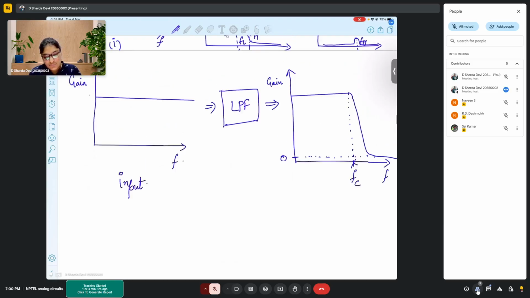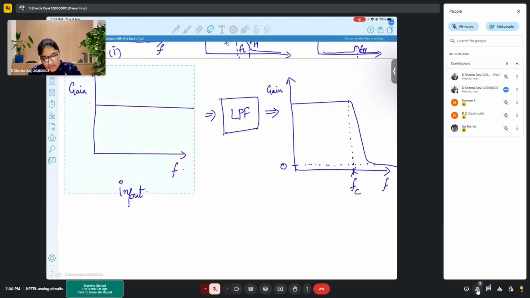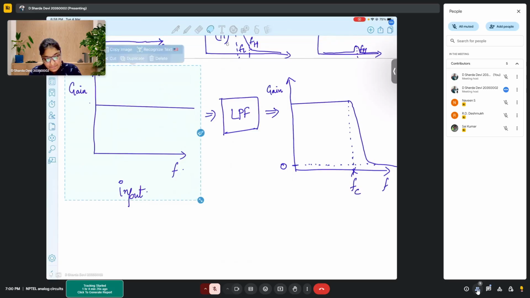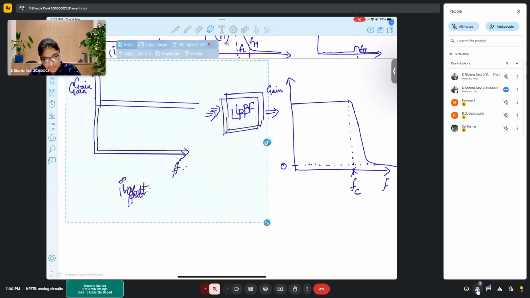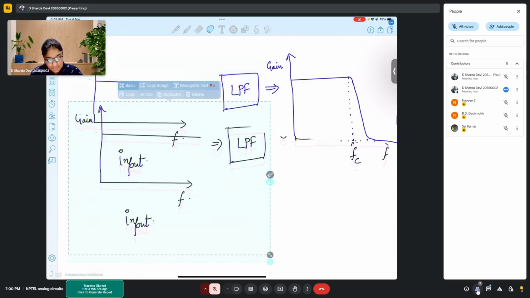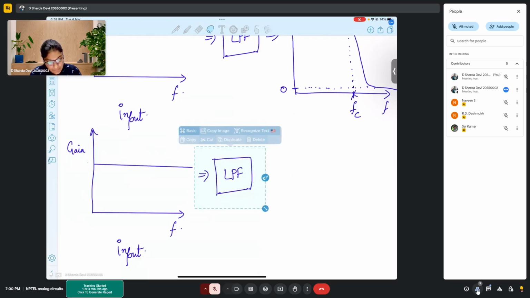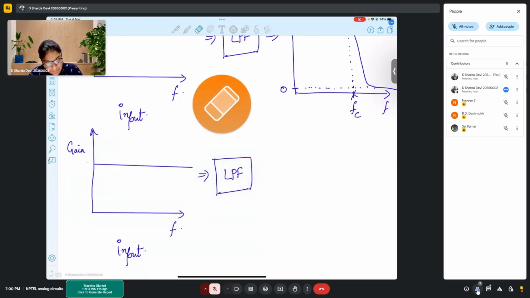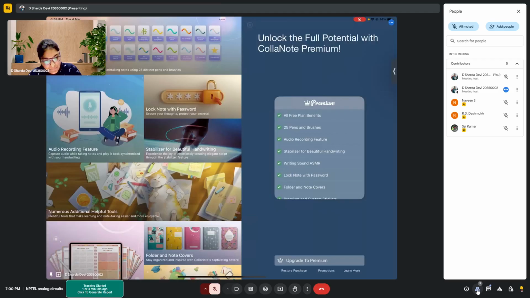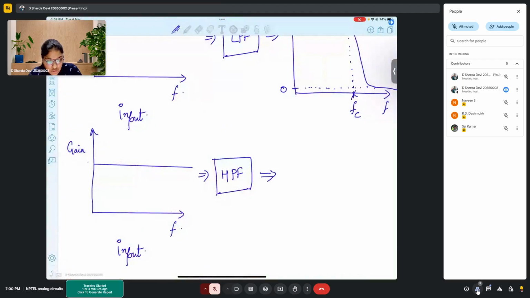Now, for the same signal, when we use a high pass filter, you have all the frequencies.